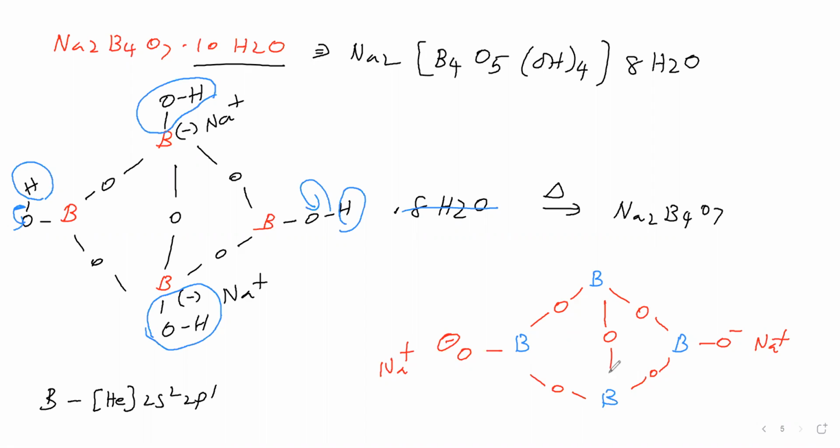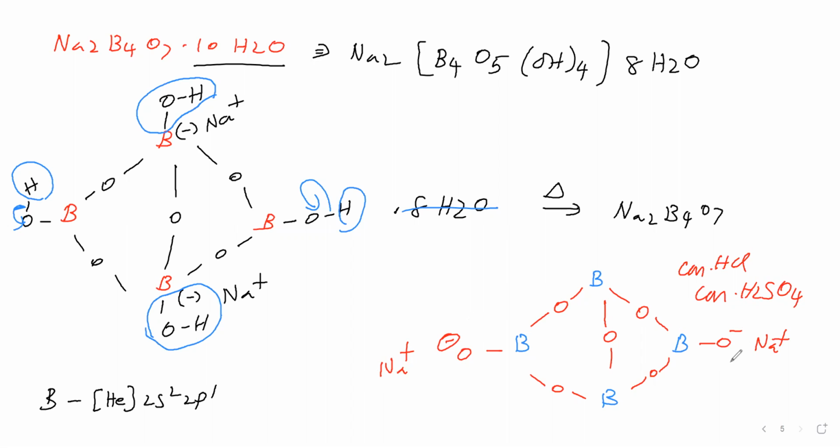Let us add acid into this. Acid will give H plus, and Na plus will be replaced by H plus. To this we are adding conc. HCl or conc. sulfuric acid, which will donate H plus. Now H plus and Na plus will exchange places. So in this place H plus is coming, Na plus going away.